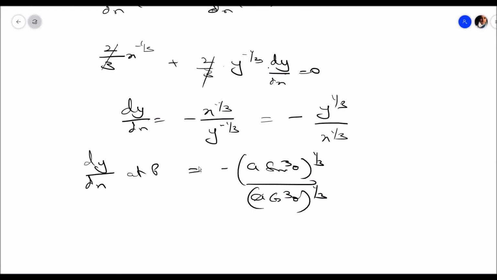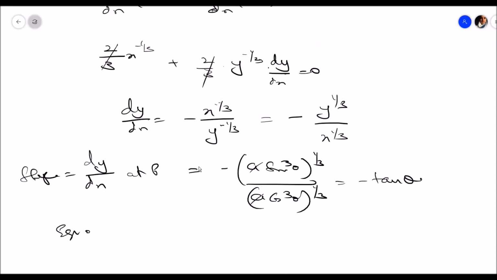A power 1 by 3 and a power 1 by 3 get cancelled. Sin cube to the power 1 by 3 is sin and cos cube to the power of 1 by 3 is cos. So that will be minus tan theta. That's the slope, right? So slope is minus tan theta and the point is already given.